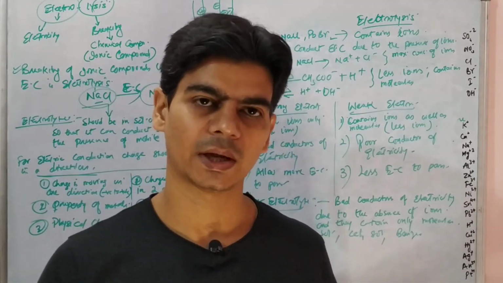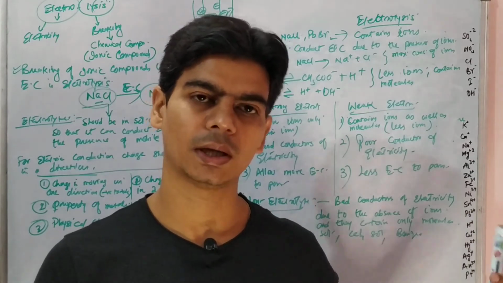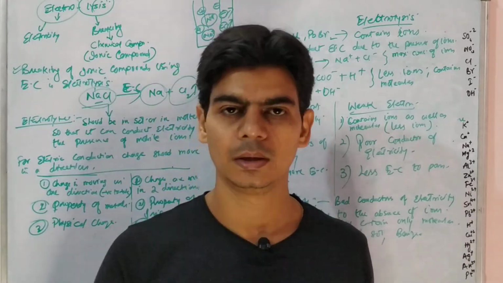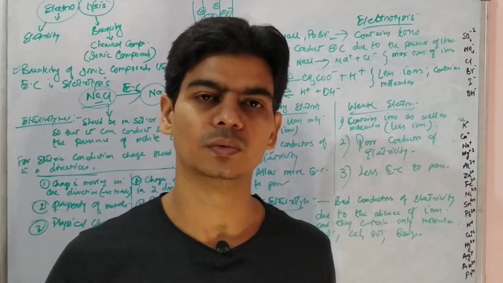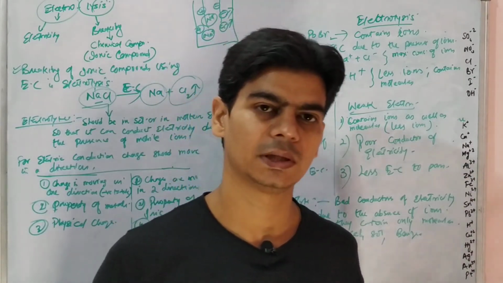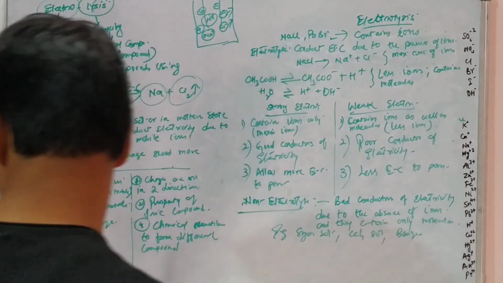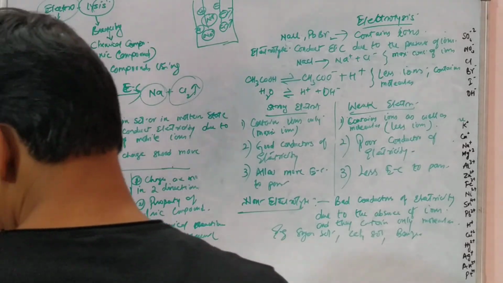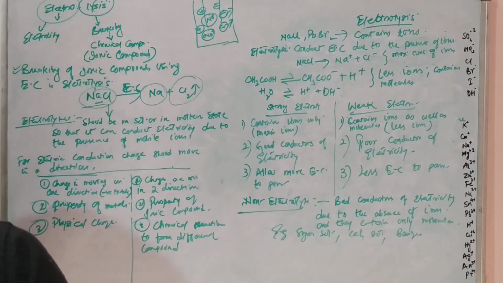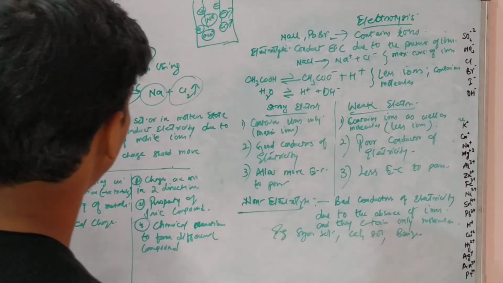Due to the absence of ions, they do not allow electric current to pass through them, and they contain only molecules, no ions. That is why they are poor or bad conductors of electricity. I hope all this is clear to you.